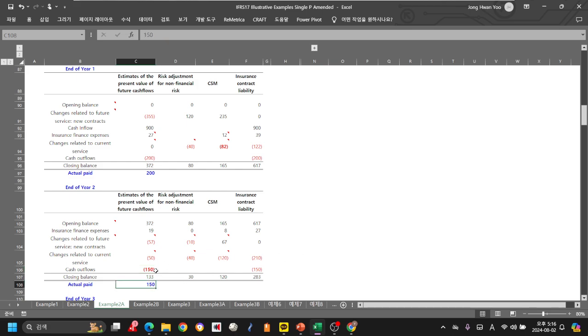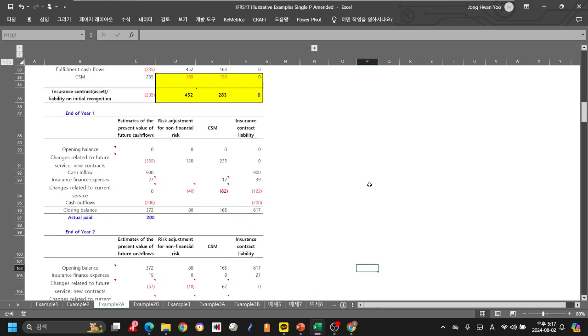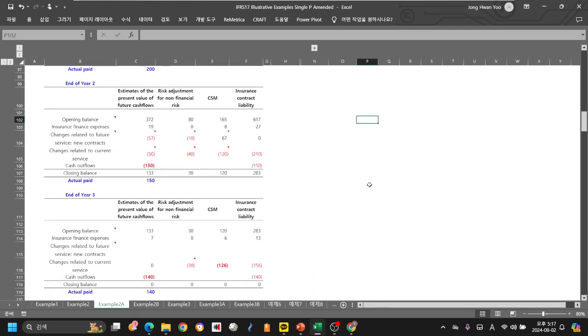So you can either not change any assumption, or you believe that this is a permanent change. So at year end 2, instead of 200 in the third year, you come up with 150, based on actual payment.